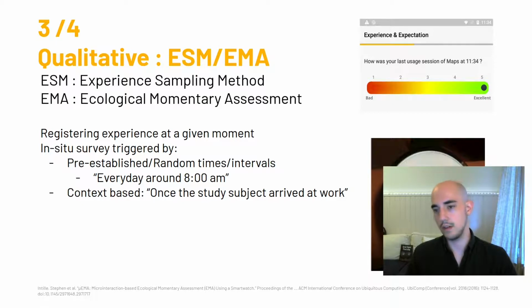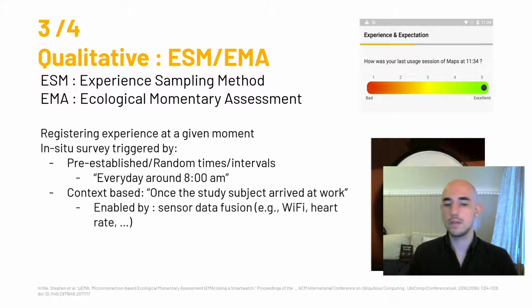So usually they're using their smartphone to reply to this ESM-EMA. They can be context-based, for example when the study participant arrives at work. That's enabled by sensor data fusion, so after a few days or a week we know that the study participant is going to work and connecting to this Wi-Fi network.